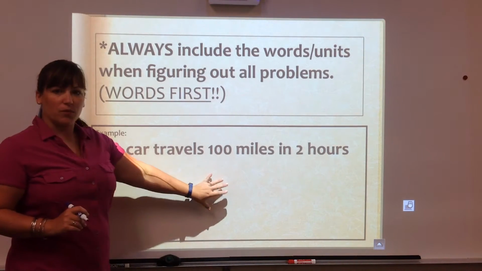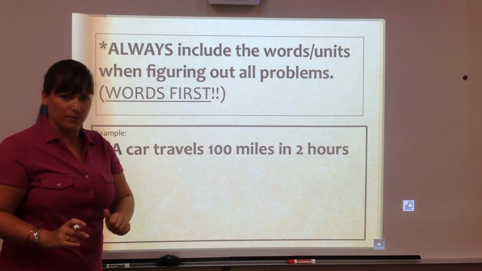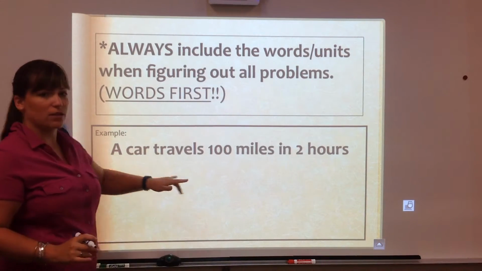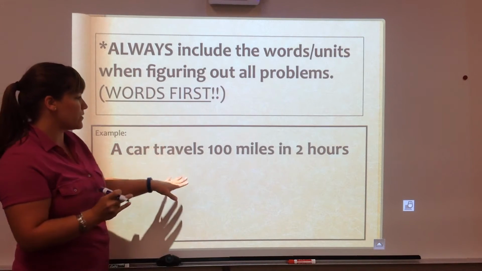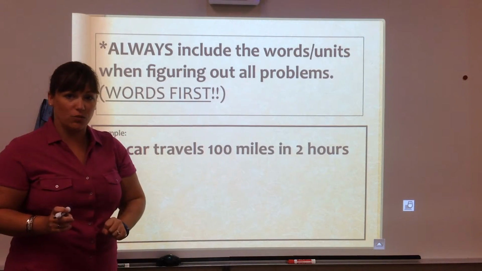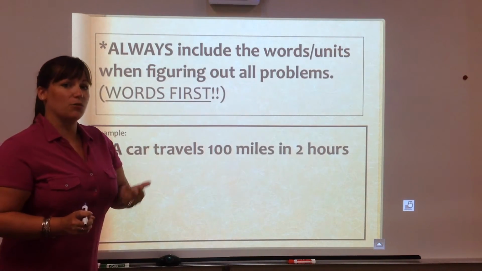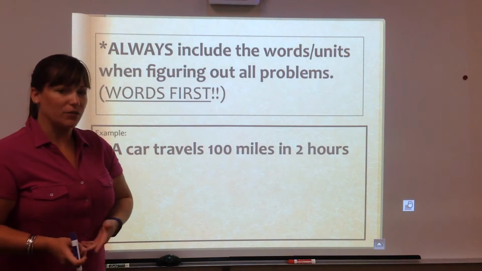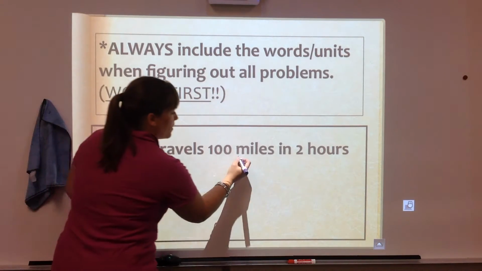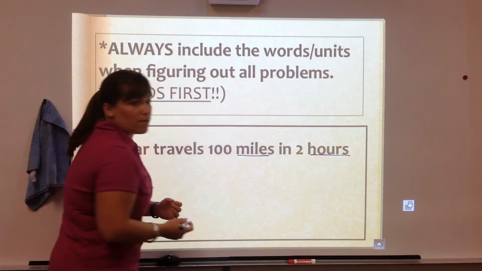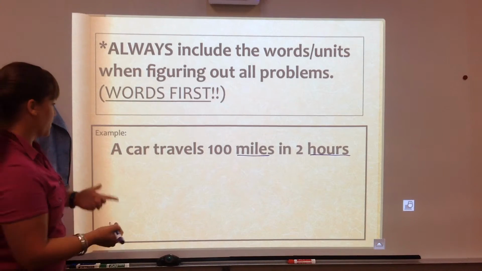So here's our example. This is actually in the center. I know I'm kind of hopping around. Bear with me. The center of your foldable has an example that's talking about a car traveling 100 miles in 2 hours. If we wanted to express this as a rate, remember it's a special kind of ratio, we are going to start with the words, the topics of our rate, our miles and hours.